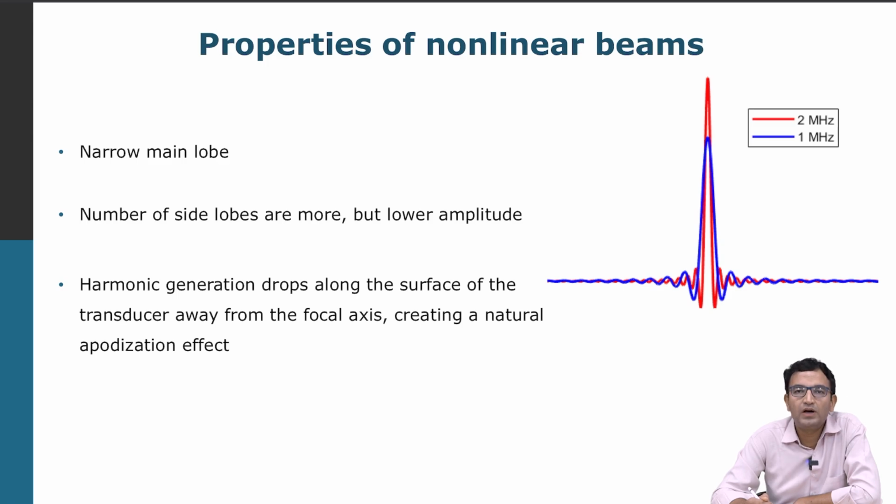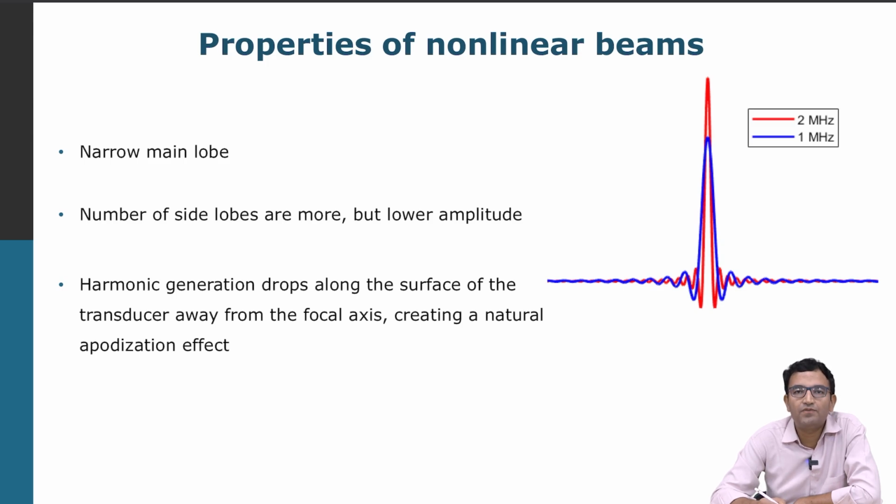If you have narrower beams, that means the main lobe of the beam is narrower. But as you know, if you have a finite size transducer, you are also going to generate some side lobes. It turns out that as you go higher and higher in frequencies, there are more side lobes, but they are much lower in amplitude. Also, these beams are pressure dependent. Wherever you have high pressure, that's where the higher harmonics are generated.